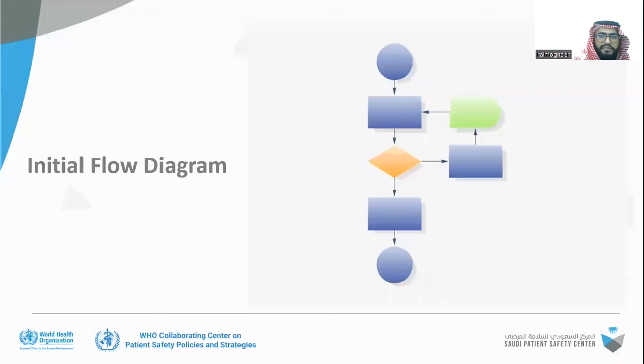So what should we write in the first, middle, and last boxes in this chart? Where should we stop in the initial flow diagram? The last process, the last circle. What should we write in that?